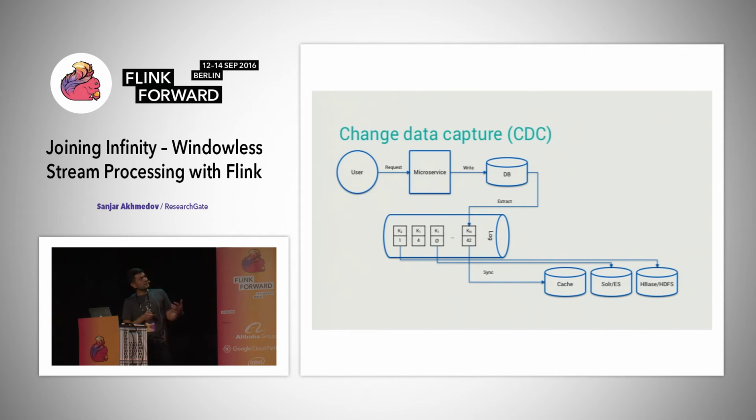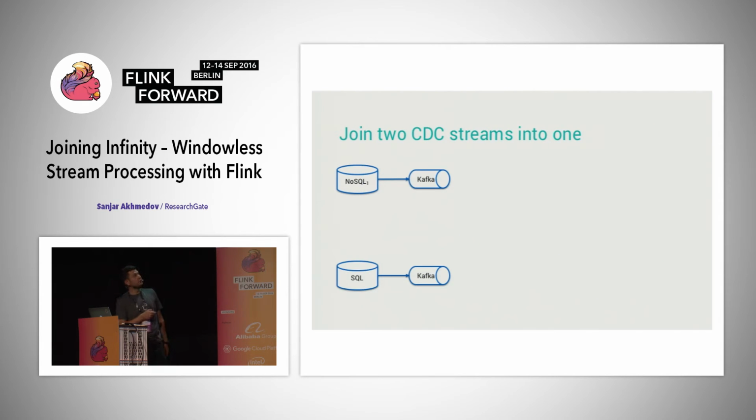So this gives us a pretty good thing: it solves the diverse data problem for us. We can abstract away on a change data capture stream, so for any NoSQL or SQL or any database, we have a change data capture stream.